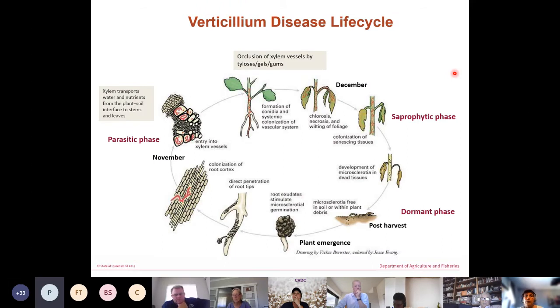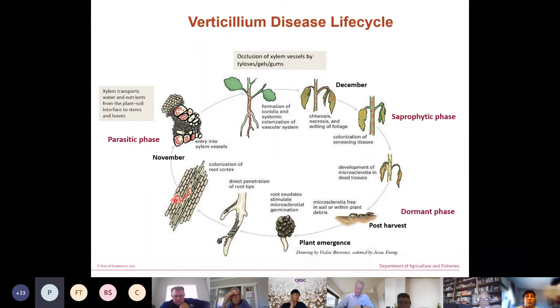So now on to the life cycle. The life cycle starts when the cotton plant emerges. This is the microsclerotia, and it is going to germinate by stimulation of the root exudates. Then that pathogen will grow and penetrate the roots.